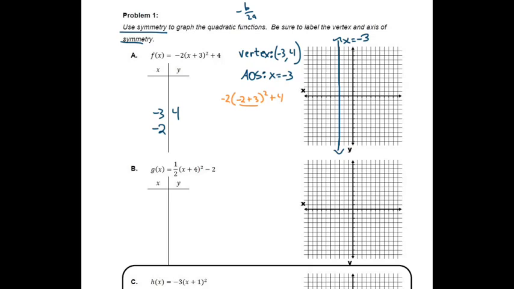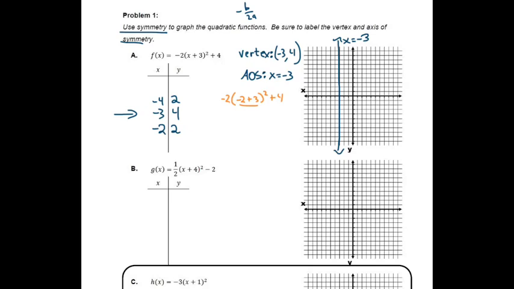Multiply by -2, that gives me -2. Plus 4 is +2. So if I plug in a -2, I get a +2 for y. And here's what they mean by symmetry. If this is my axis of symmetry, if I went 1 to the right, I have the same y value.